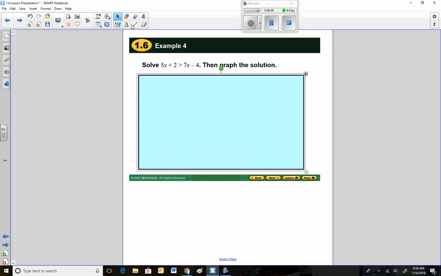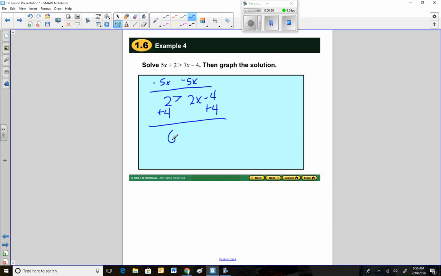I grab a pen, and we go ahead and we subtract 5x, subtract 5x. 2 is greater than 2x minus 4. So add your 4 to both sides, because we need to get x by itself. 6 greater than 2x.